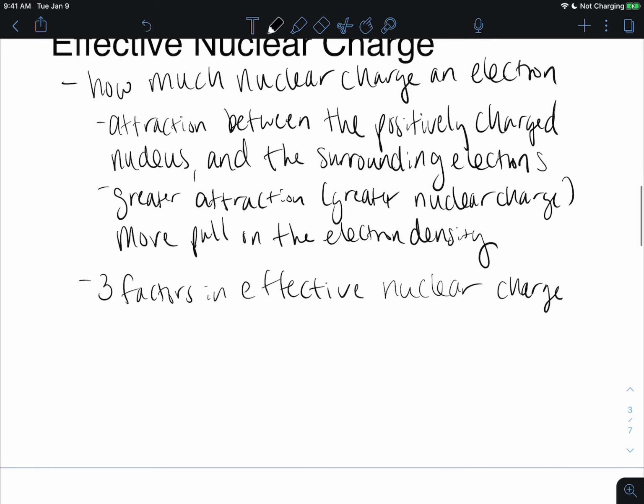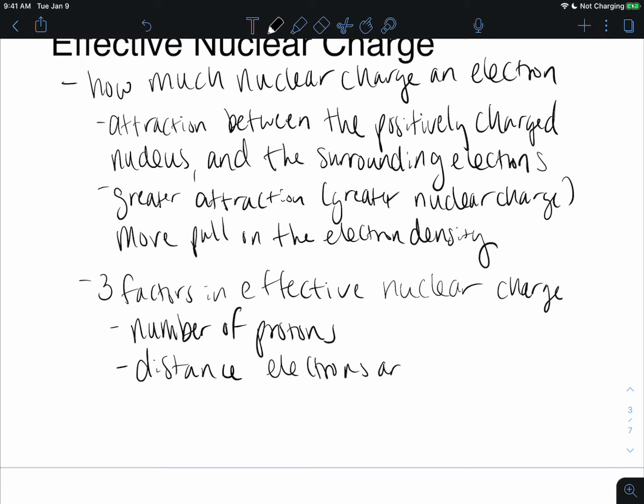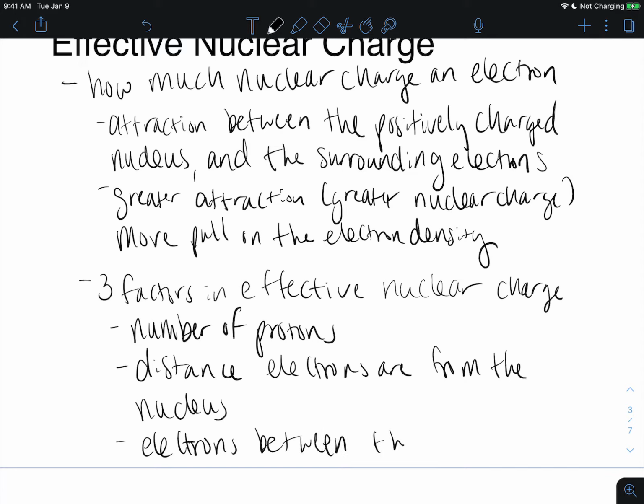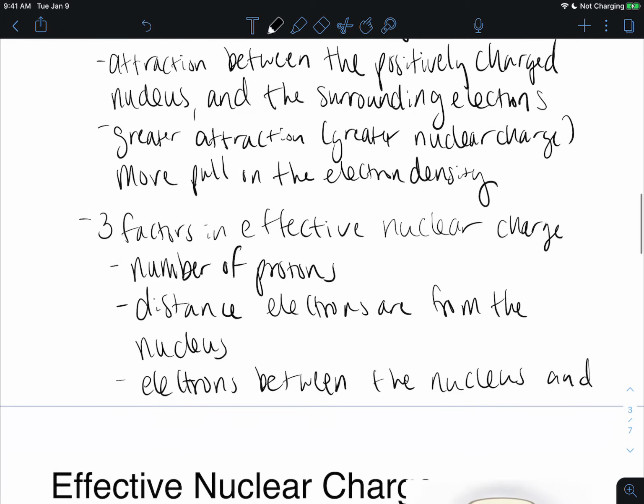We're going to have our number of protons, distance electrons are from the nucleus, and then electrons between the nucleus and the electron in question.